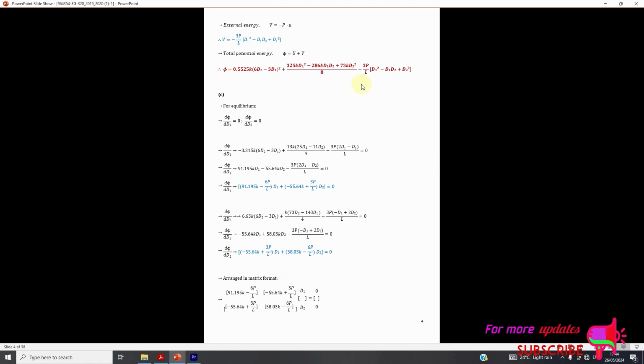Again, if you simplify further, you'll get the total potential energy, where the external energy V is equal to negative P, which is the force multiplied by the displacement. Now which will be equal to this one, 3P over L multiplied by that, and it is negative. Don't forget the negative sign. Now the total potential energy should be equal to U plus V. Now it will be equal to this one plus, now negative, this one, subtract this one. Now this is the answer.